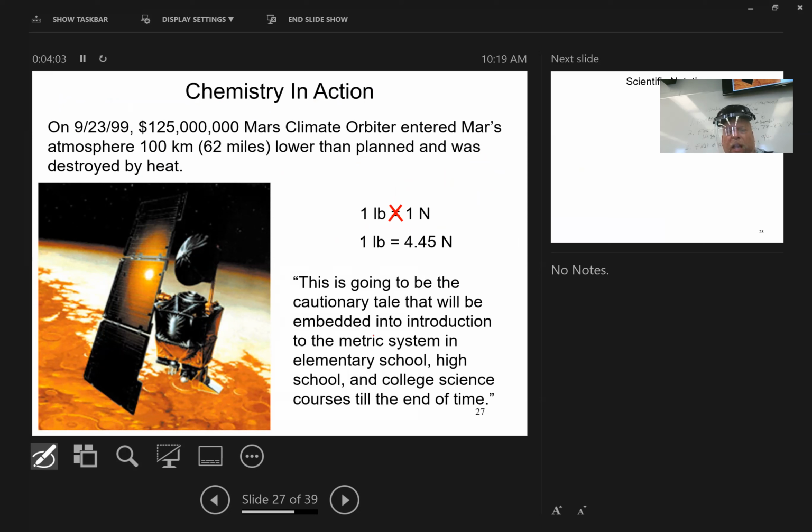And basically the key thing is that they did not make the conversion from pounds to newtons. So the math was wrong. So essentially that's the importance of understanding the nature of mass versus weight, or doing the conversions too, because it affects how these things work.